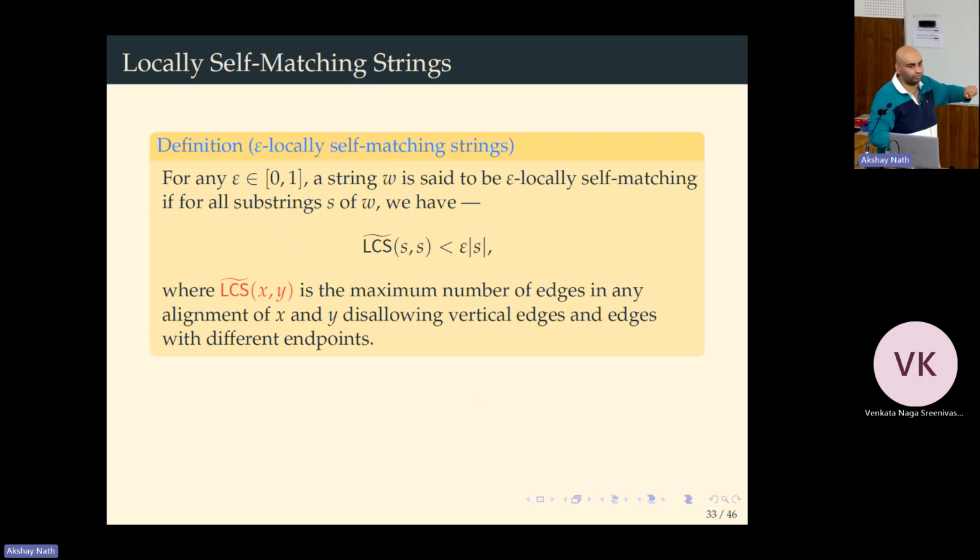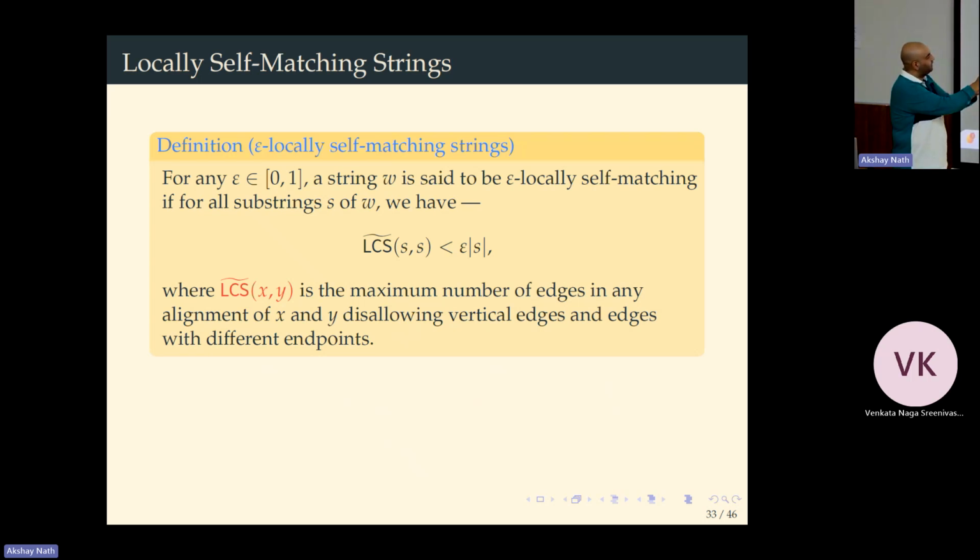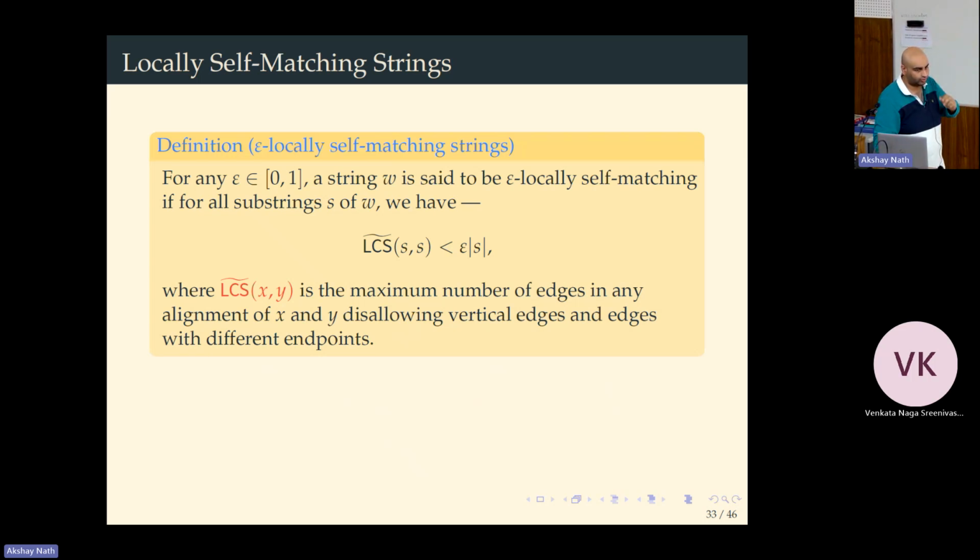There's no substitutions of the Hamming kind, or of the aligned kind as well. So it has to be just insertions and deletions. Then for any substring with itself, the longest common subsequence length is at most epsilon times the length of that string. So if you just shift it by a bit, then it looks very different. That's what it's guaranteeing to you.